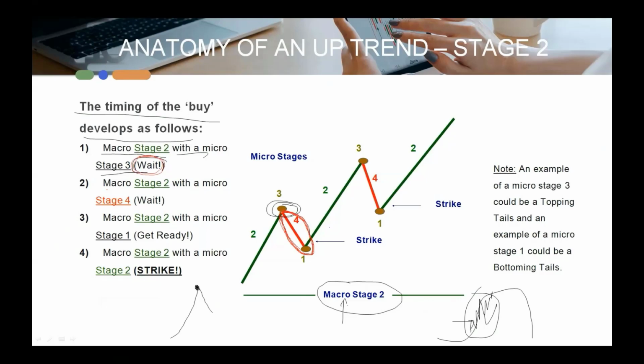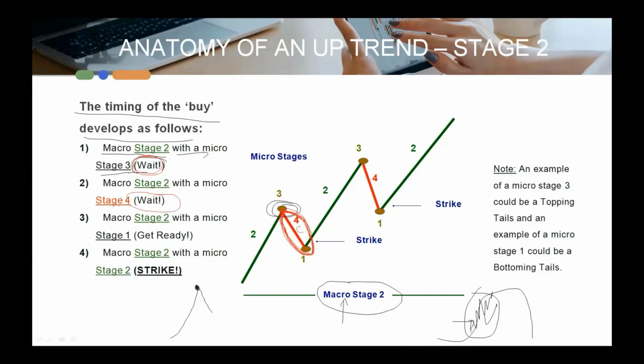I'm not buying on the way up. That's retail. I want to analyze and I want to buy and trigger at a point on lower pricing. Buy low, sell high. So let that come down. Macro stage 2 with the micro stage 4 means it's a short-term pullback, a correctional wave. We're waiting.